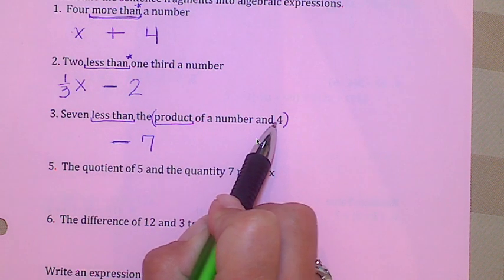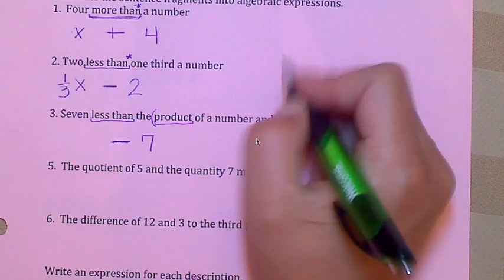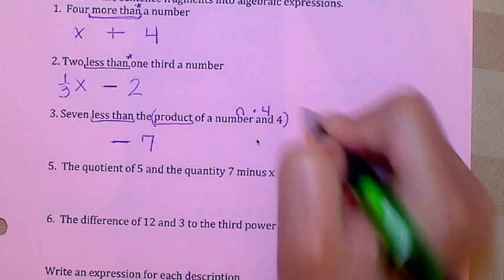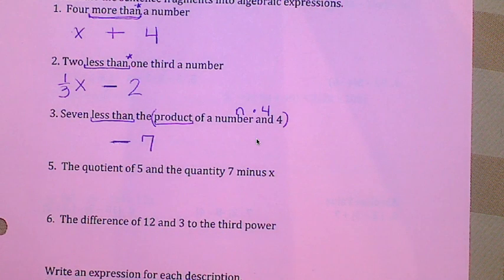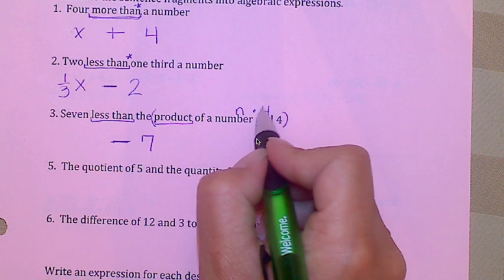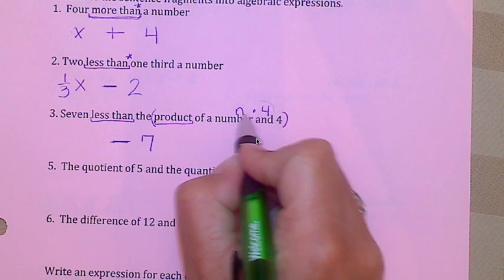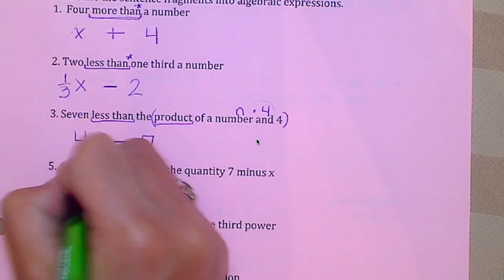Now there's a couple different ways you can do this. Technically the product of a number and 4 would be n times 4. Remember, anything other than less than and more than will be written in the exact order. However, because we're doing algebra, we will no longer use this dot when we don't have to. So the more advanced way to write this instead of n times 4 would be 4n.